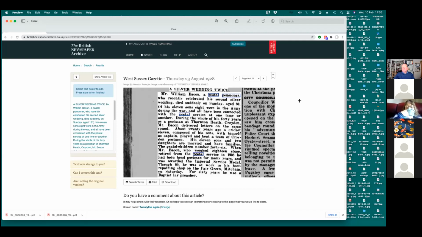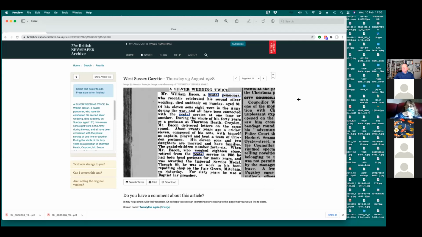So if you put in post office, you'll get vast numbers of adverts where people in country houses want grooms and any other of the whole range of domestic service people, and they will then have the applications delivered to the post office. But if you do put in post office, try to put in the town first, because then it will limit the number of options.